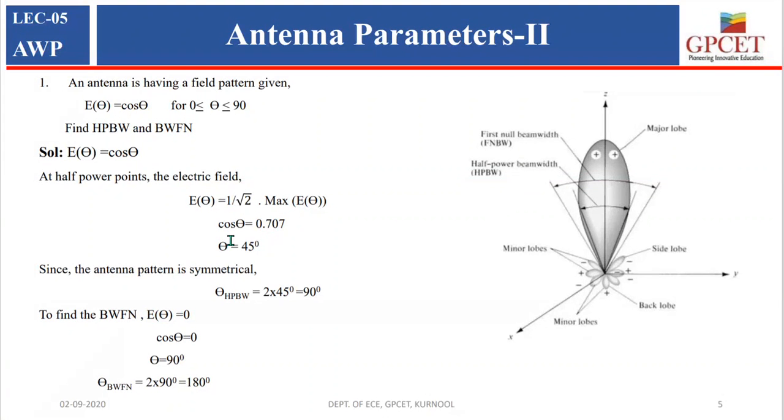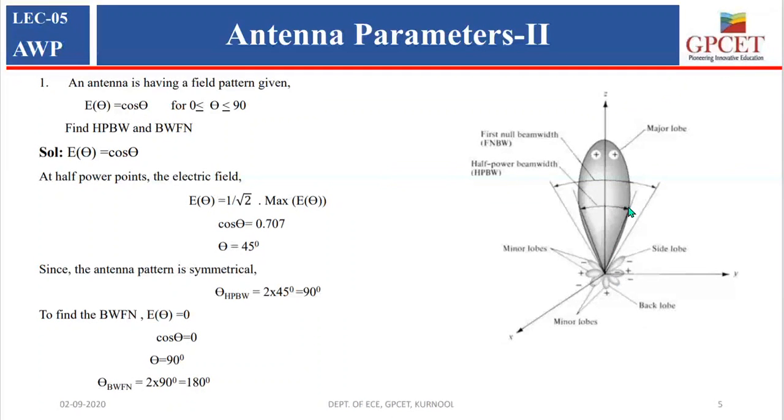So what does this theta indicate? This theta indicates the angle from this half power point direction to the 0 direction, this vertical axis. So in order to calculate the half power beam width, you will have 2 theta.